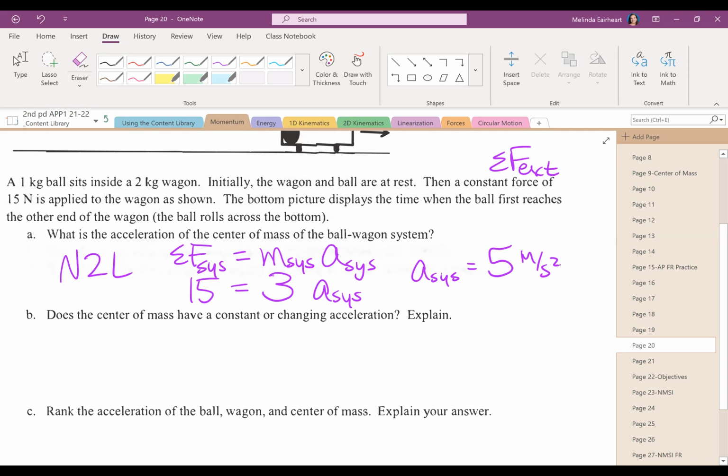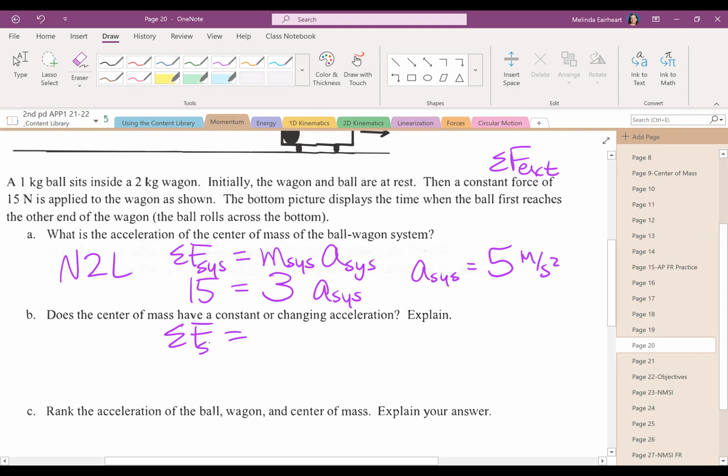Does the center of mass have a constant or changing acceleration? Justify, explain. So we know the number. Is it going to be a constant or changing acceleration? Why would it be constant? The force, yes.